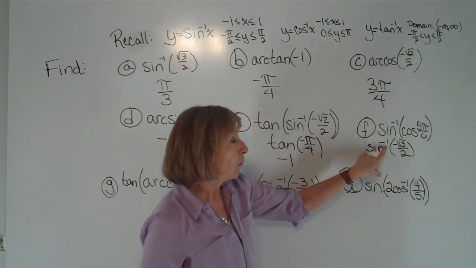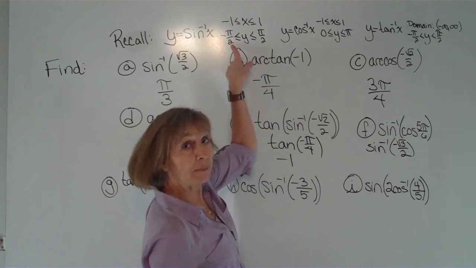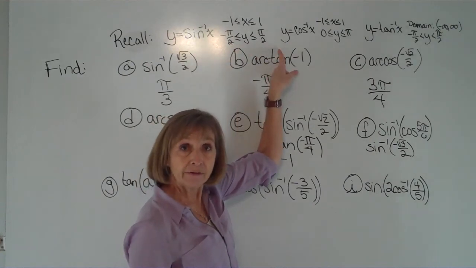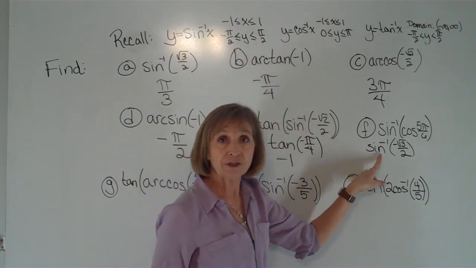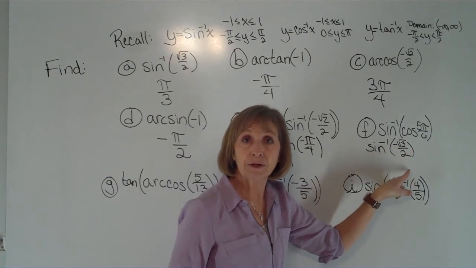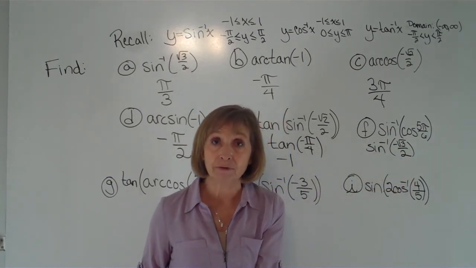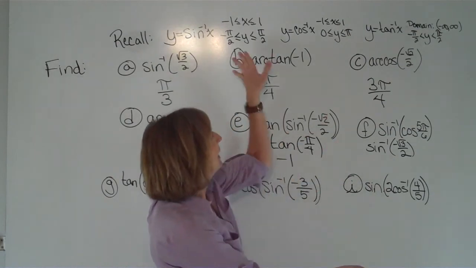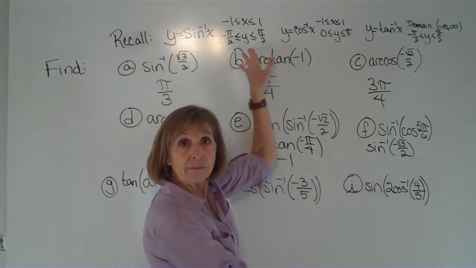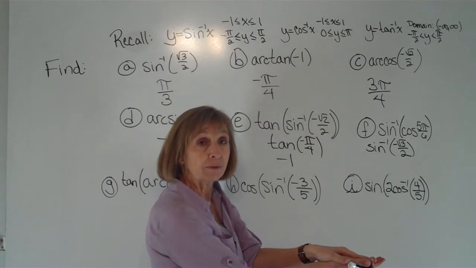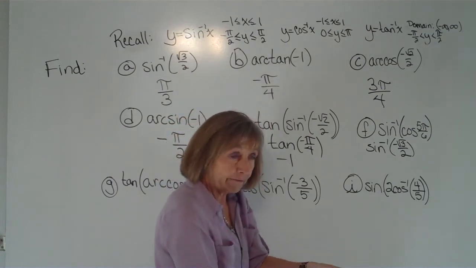And then I think, what angle in the span from -π/2 to π/2 has a sine ratio of -√3/2? Well, that's going to be a reference angle of π/3, but I need it in this span from -π/2 to π/2, so that's going to be a -π/3.